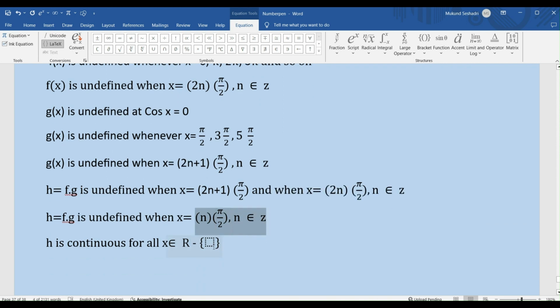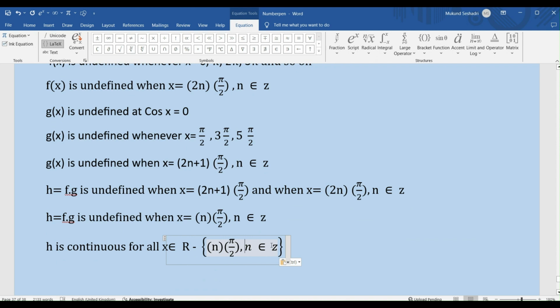We copy this and write it like this, right? n belonging to Z. Remove these brackets.